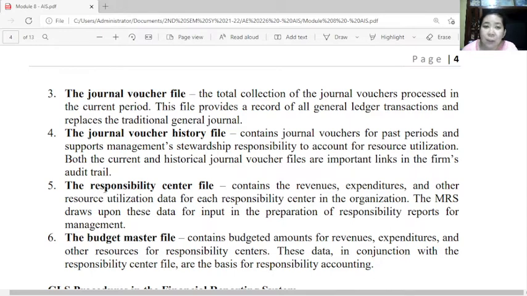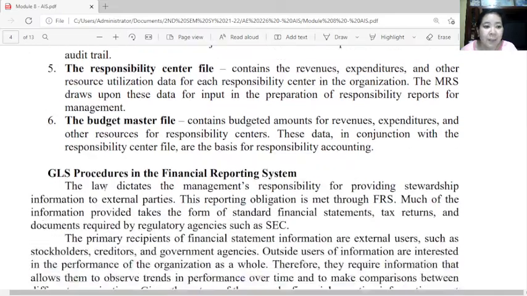In your management accounting or cost accounting, you have encountered responsibility centers. In this module also, in the management reporting system part, we will be discussing responsibility centers. But basically, the purpose of this is to provide the management with the financial data related to the responsibility centers.